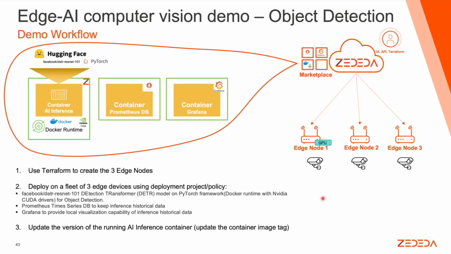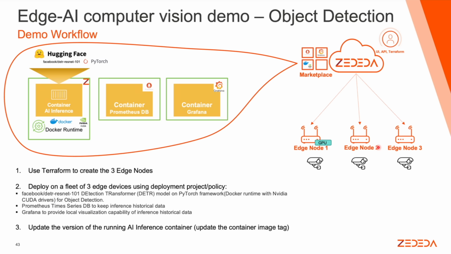That's why you see these 3 applications, and they are available in this marketplace. From that marketplace, you can deploy to a fleet of devices. We have 3 node devices, one equipped with a GPU, the other 2 without. The flow goes from day 0 to day 2+.